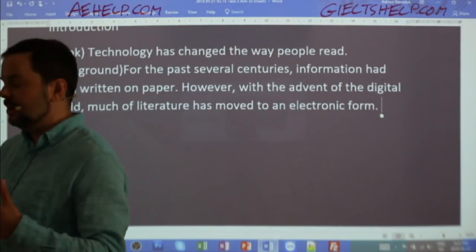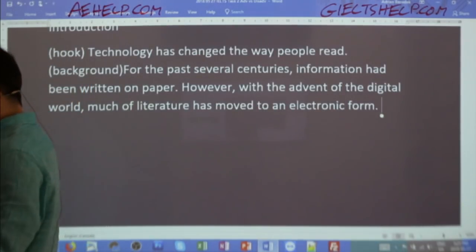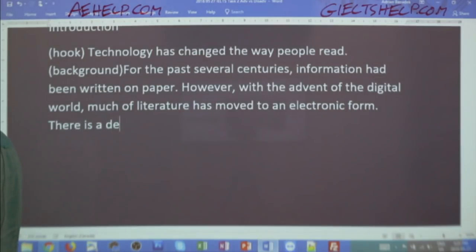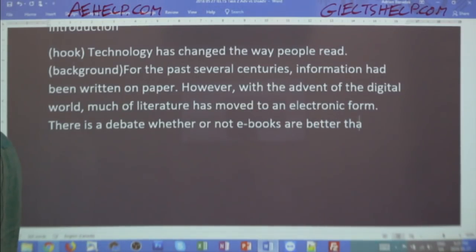And here is where I would use your sentence, Mohammed. There is a debate whether or not ebooks are better than traditional paperbacks. Okay, there's a nice word for you there.